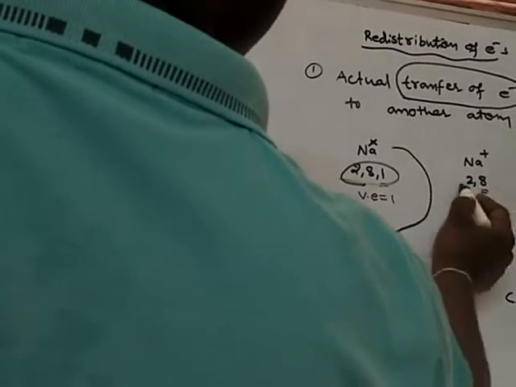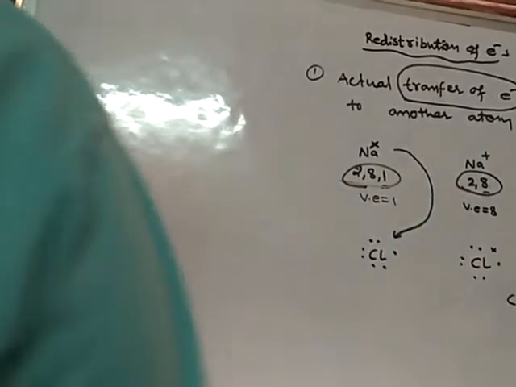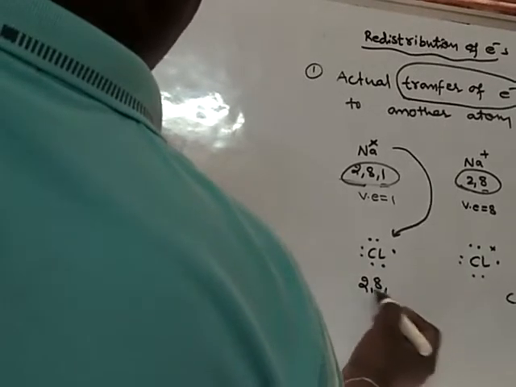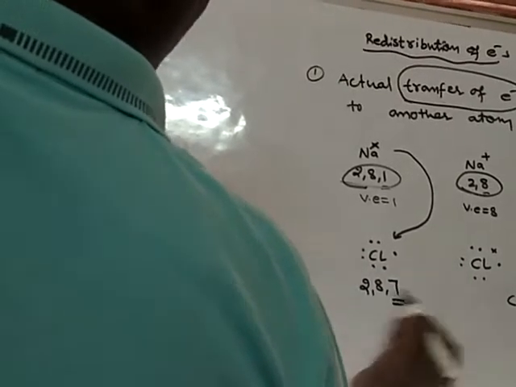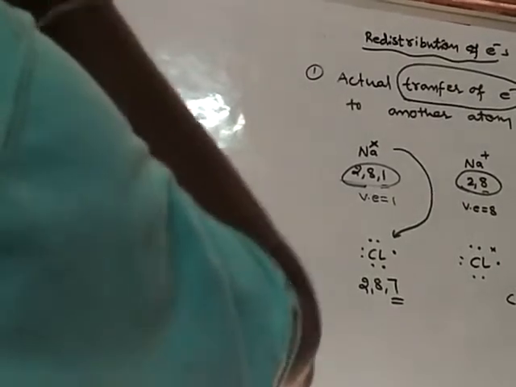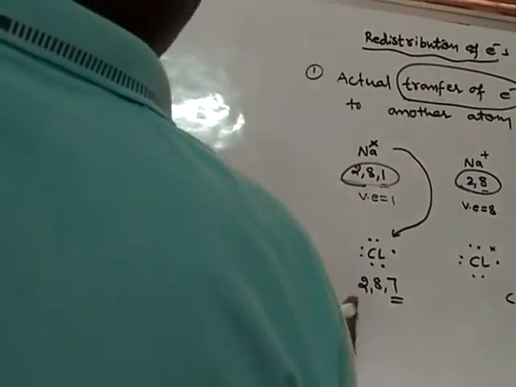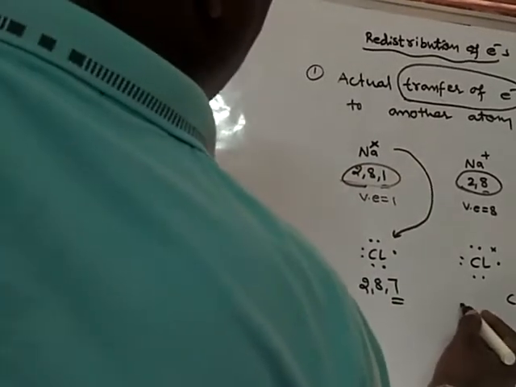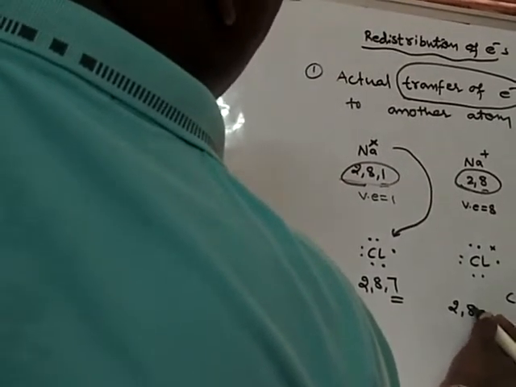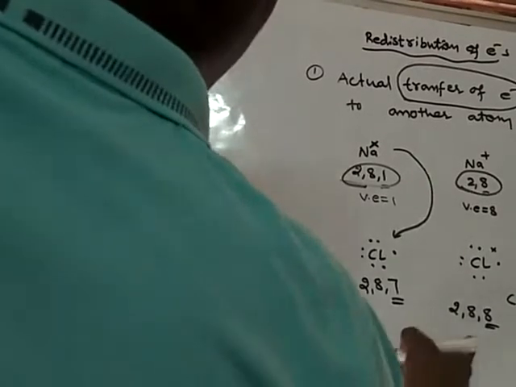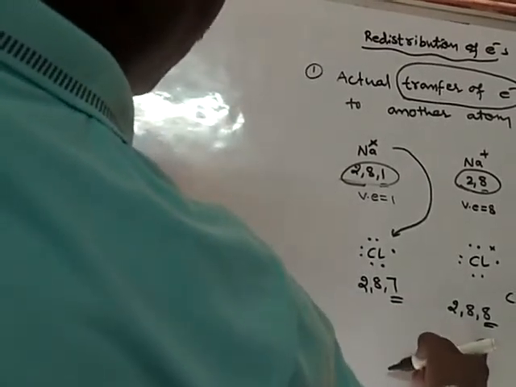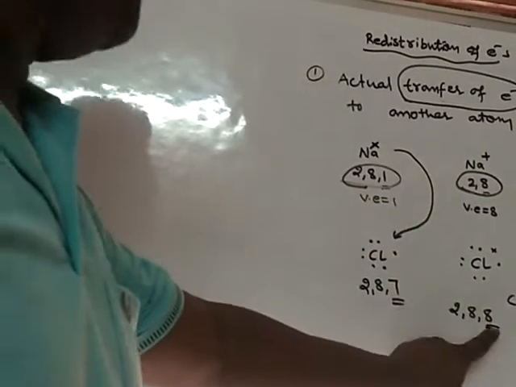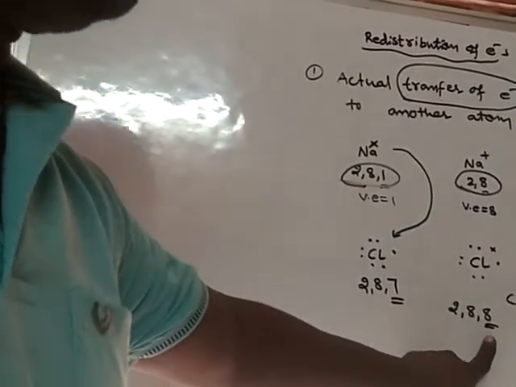From this state to this state, electrons are rearranged in sodium, and in chlorine also you will find 2, 8, 7. These are the valence electrons: 7 valence electrons are there in chlorine. After taking one electron from the sodium atom, chlorine has 2, 8, 8, because after adding 1 electron, it has 8 electrons in its valence shell.